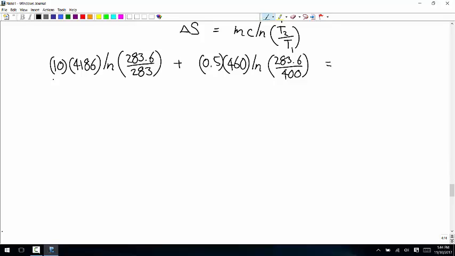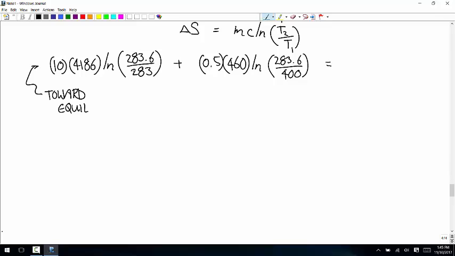But let me set up the other one too. So this would be the one that's going towards equilibrium. So we're basically going to test the two directions of this process. How would it work if we wanted to test the one that goes from equilibrium to the two different temperatures?